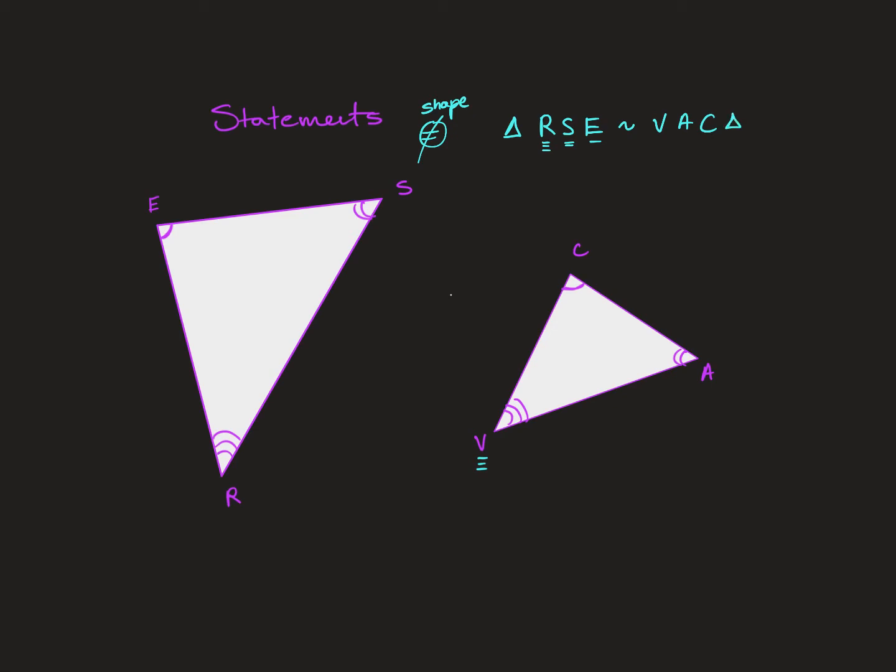If I were to say, let's say VAC triangle, if I were to say incorrectly, triangle RSE is similar to AVC, this would be incorrect because what I'm saying, by putting R and A first, is that angle R is similar to angle A. But if angle R is 40 degrees, as we said previously, and this is 60, maybe, the triangle's not drawn to scale here, but they're not similar because they are not of the same shape.